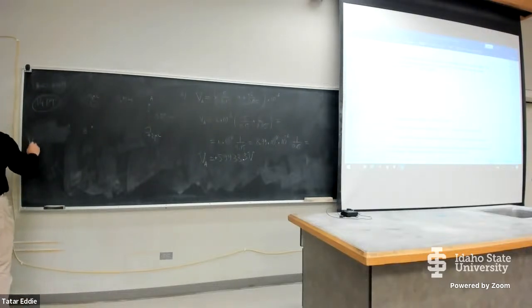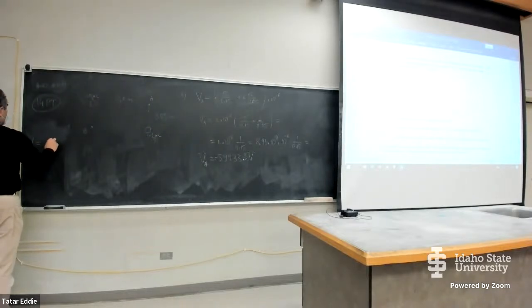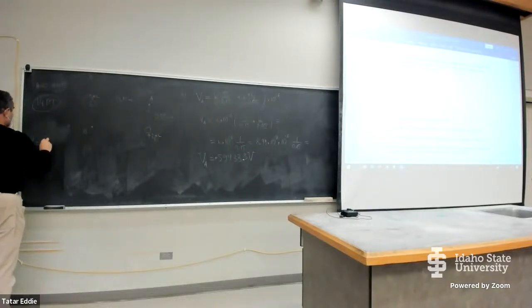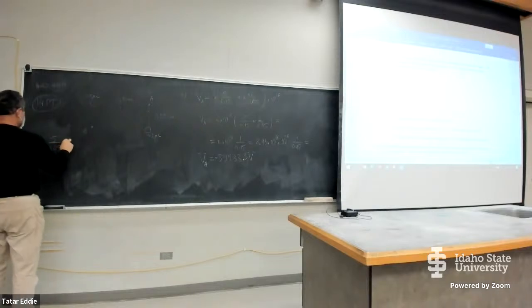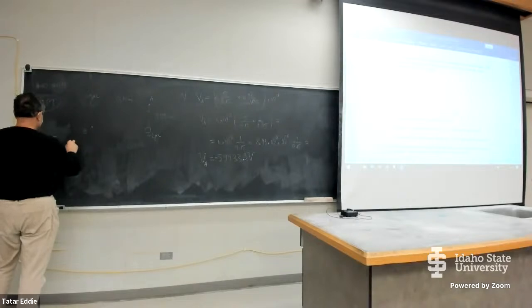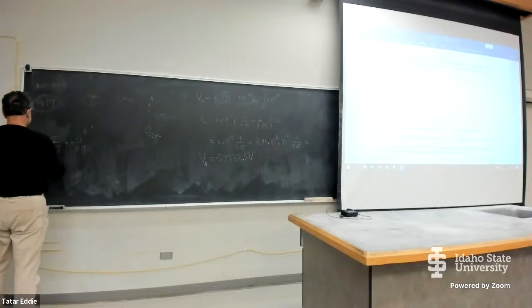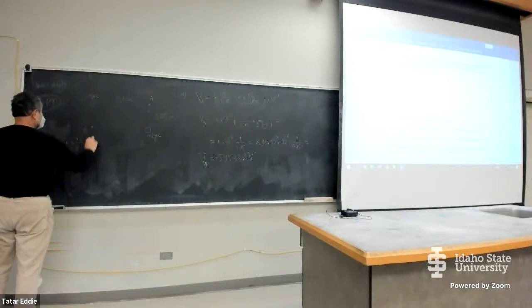The voltage at point B is going to be equal to the contribution from -5, which is k times -5 divided by the distance 0.05, and the contribution from the +2, which is k times +2 divided by 0.15. All of this times 10 to the -6.